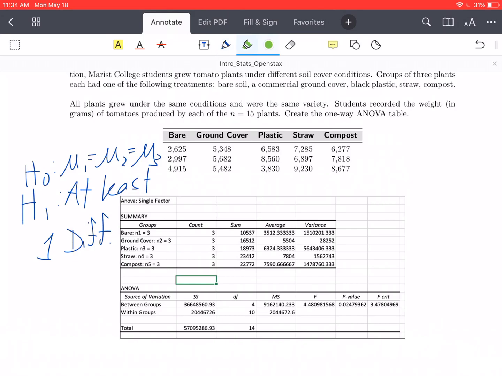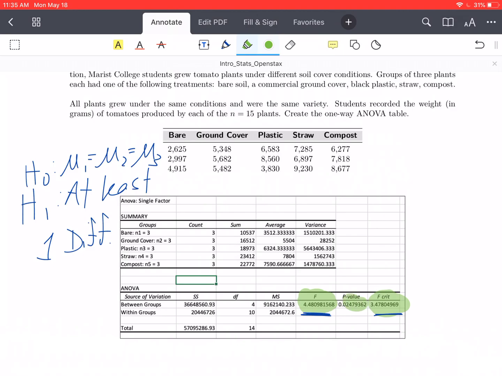Now when we're running a hypothesis test, right, we get our test statistic, we look and we compare it to either the critical value, or we can look at the p-value and compare that to alpha. So if you look down here in this table, on the right hand side, this value, this is F, this is our test statistic right here. So it gave us the test statistic, and it gave us the critical value, and you can see using that test, our test statistic is larger than the critical value, so it lies in the critical region, which means we reject the null, which means there's at least one different.